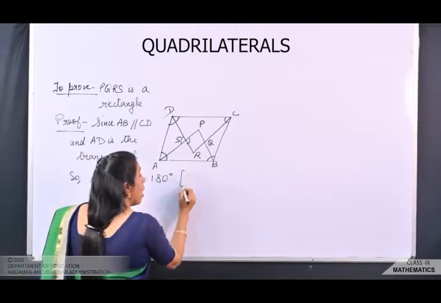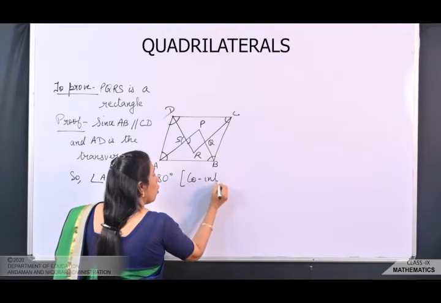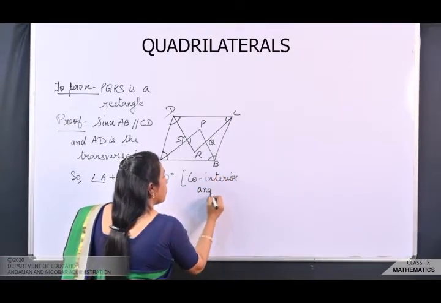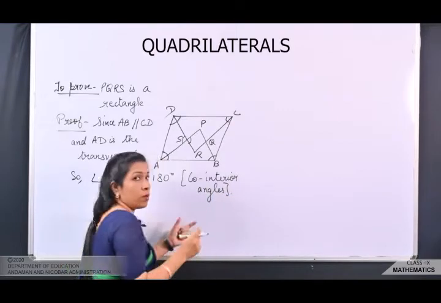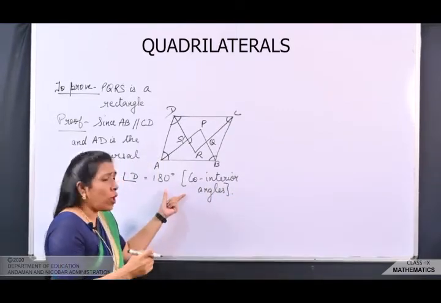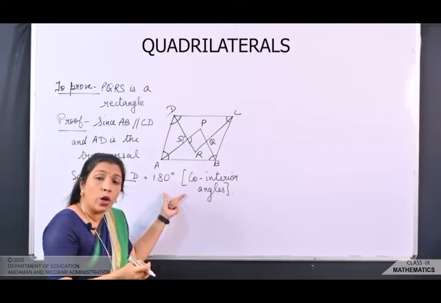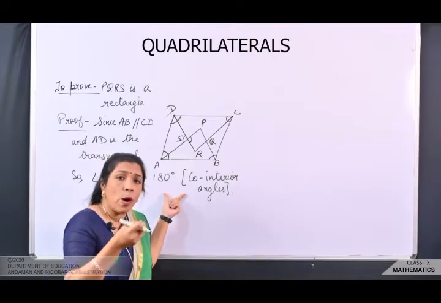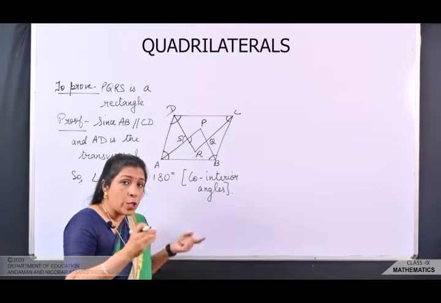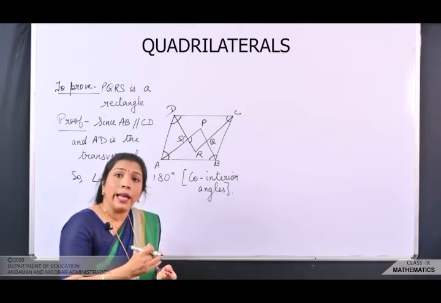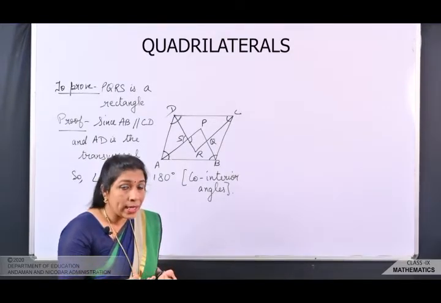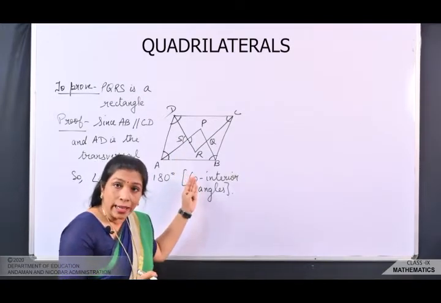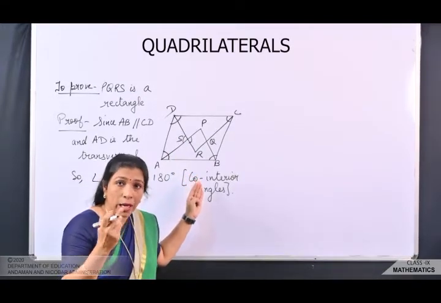Why? Because they are co-interior angles. Now, whenever you have to prove that it is a rectangle or you have to prove that something is 90 degree, you should always think about theorems or properties which will have some numerical value, like linear pair, in that you've got 180 degree, like angle sum property, or you can use co-interior angles. So this type of theorem should be thought of.